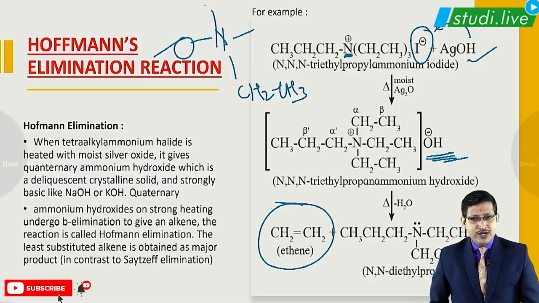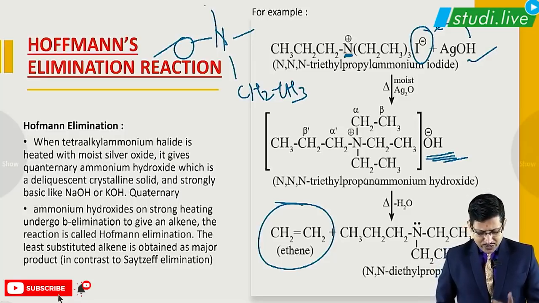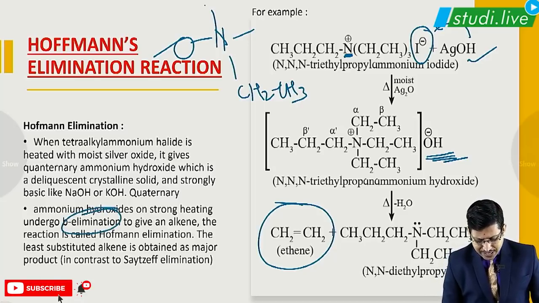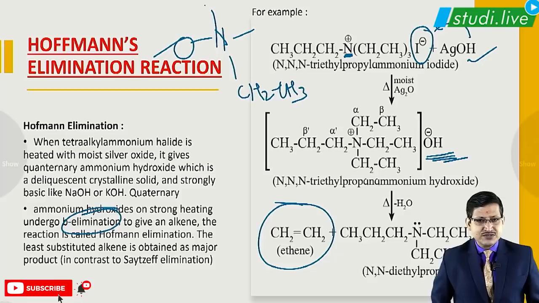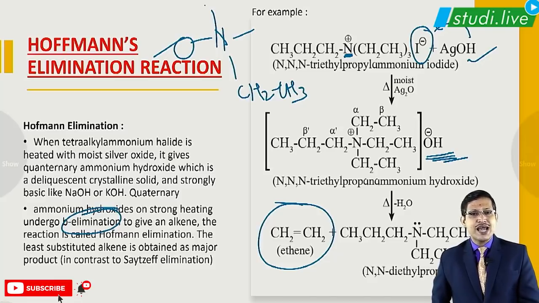Now some of the points on the left hand side of the screen are important as far as your exams are concerned. We'll have a quick go through for that as well. Ammonium hydroxide on strong heating undergoes beta elimination to give alkene. The reaction is called Hoffmann's elimination reaction. The least substituted alkene is obtained as the major product.